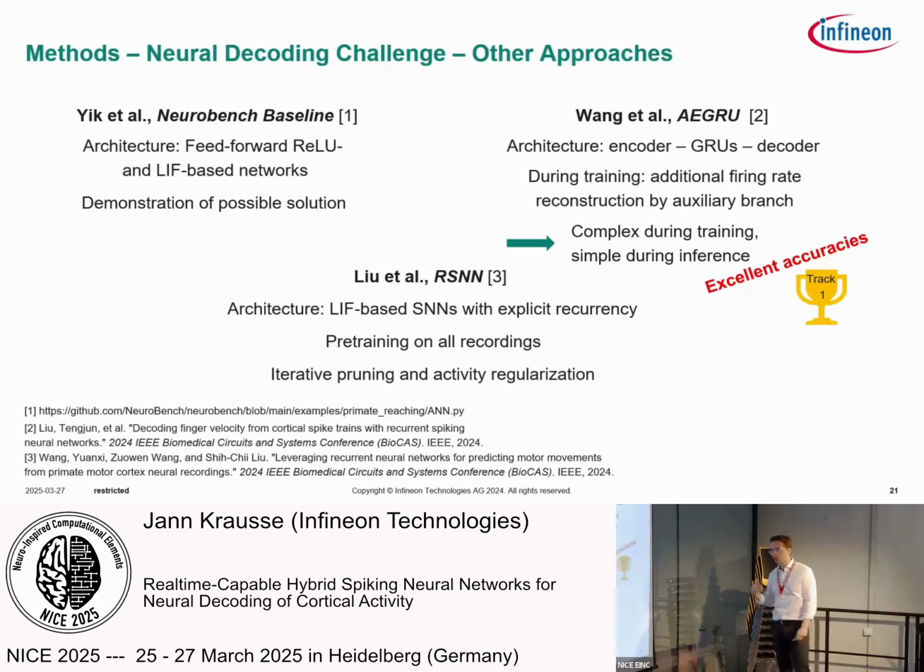They pre-trained all networks on all recordings, which was a method that we also adopted because it worked so well. And finally, they have very good compression methods, including iterative pruning and activity regularization. This again worked really well, so they have a very outstanding compression and hence secured first place in track number 2.